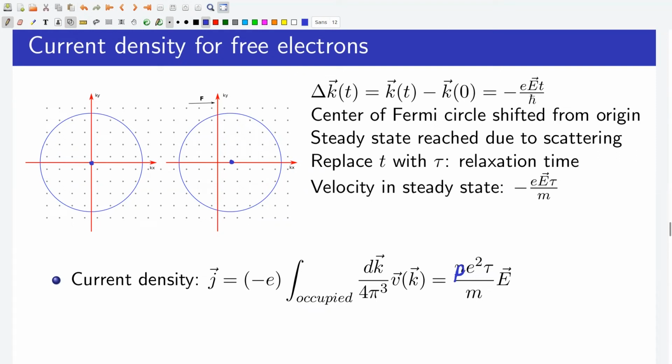This is how k changes when we apply an electric field E. When electric field is 0, Fermi circle is centered at the origin of the k space. When an external electric field is applied in this direction, center of the Fermi circle is shifted from the origin of the k space.